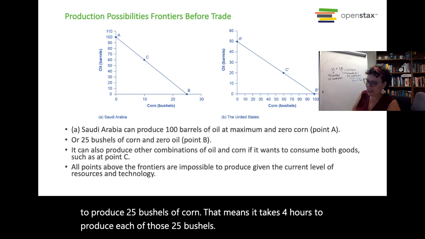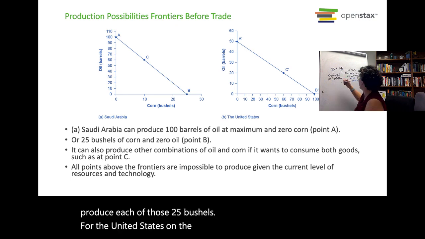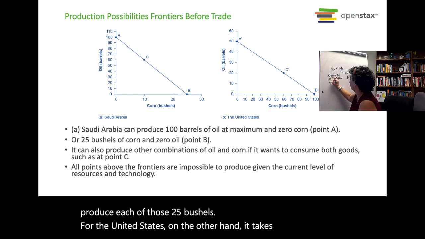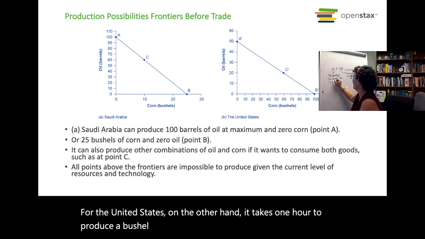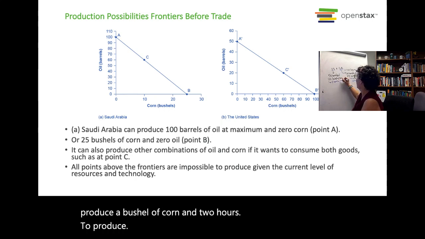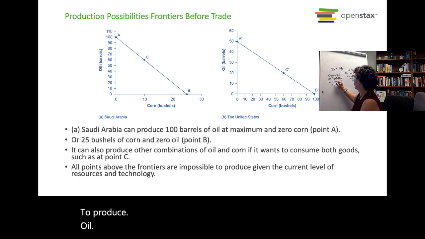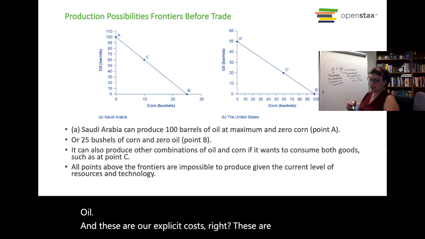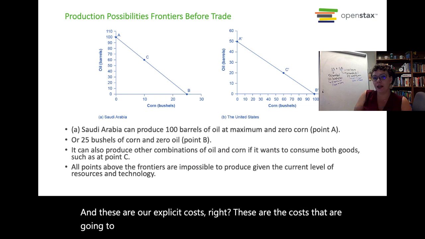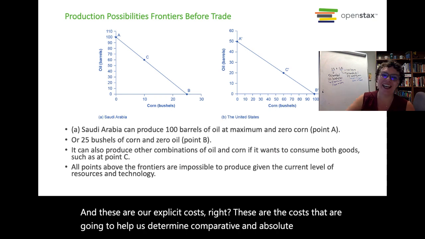For the United States, on the other hand, it takes 1 hour to produce a bushel of corn and 2 hours to produce oil. And these are our explicit costs, right? These are the costs that are going to help us determine comparative and absolute advantage.